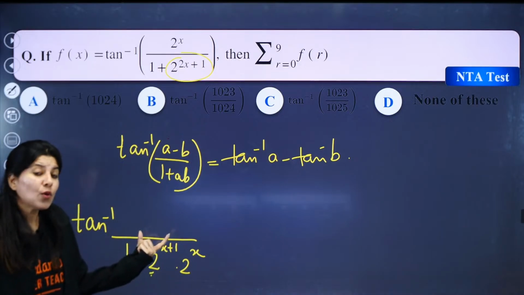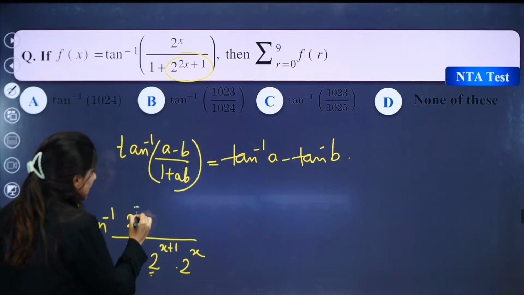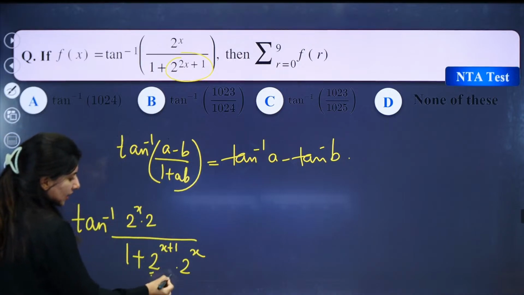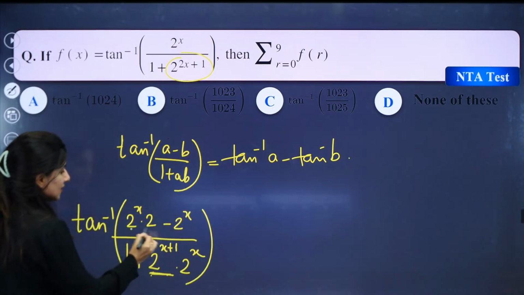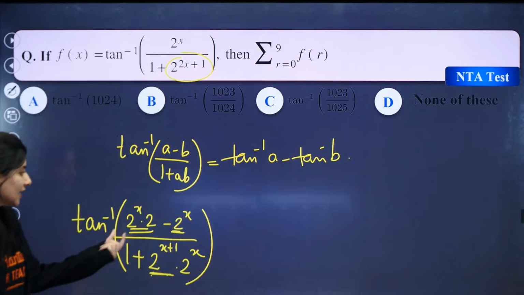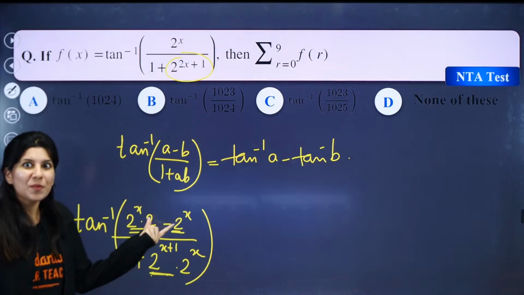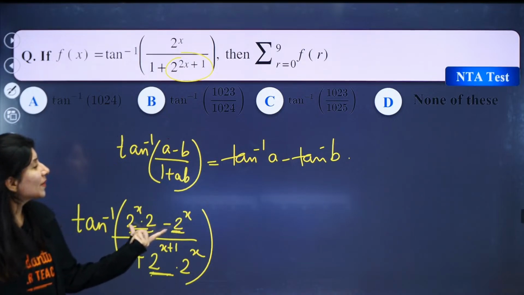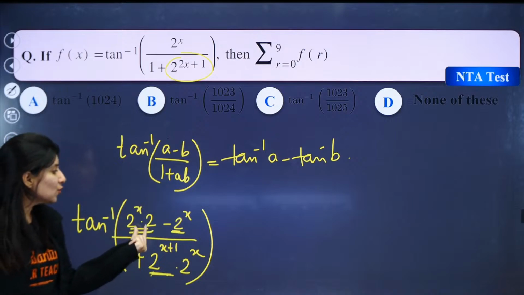In the numerator, what do you want? A minus B. So 2 raised to power x plus 1 is your A, and A minus B is this. Can you see, if you take 2 raised to power x common, what do you get? 2 minus 1, that is 1. So that is 2 raised to power x, which can be written as 2 raised to power x plus 1 minus 2 raised to power x.